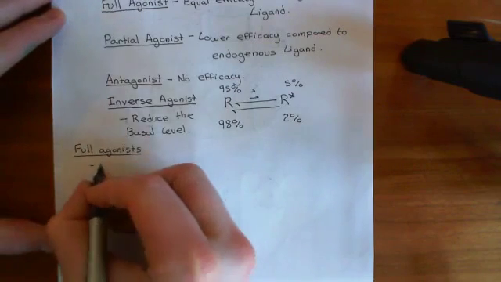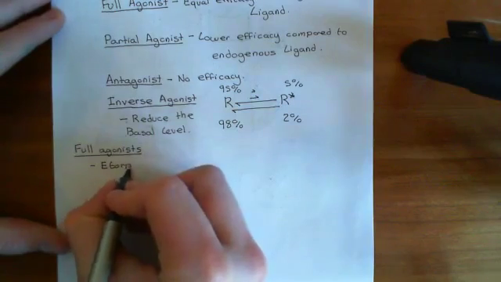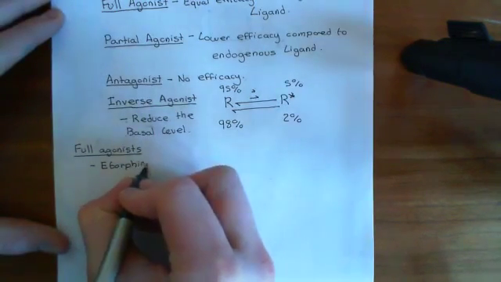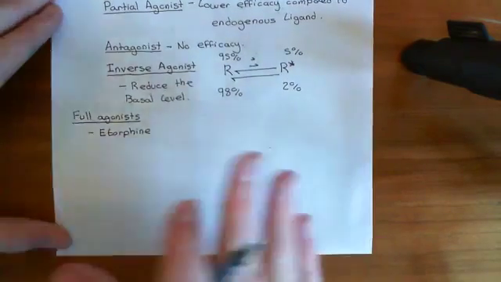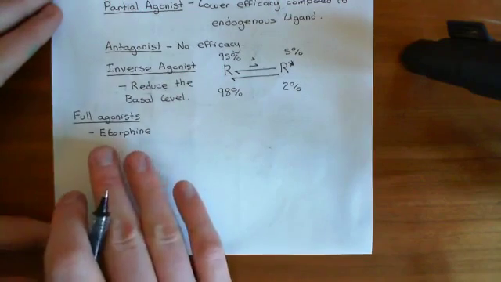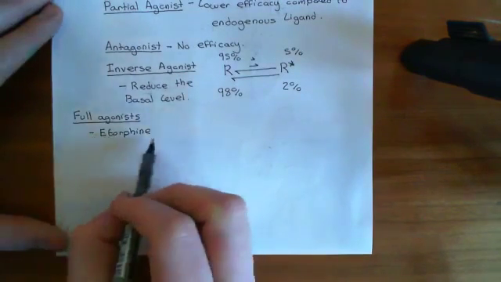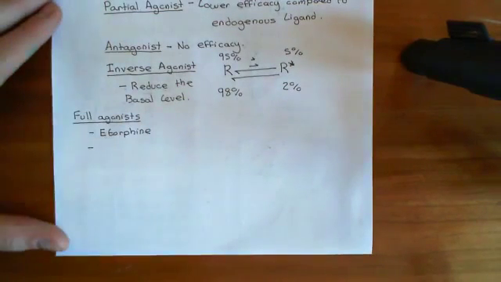Examples of these drugs are etorphine, which is a very potent analgesic that isn't used in clinical medicine. It is used in veterinary medicine, but it's something like 1,000 times more potent than morphine, so it's not safe. It would cause respiratory depression.